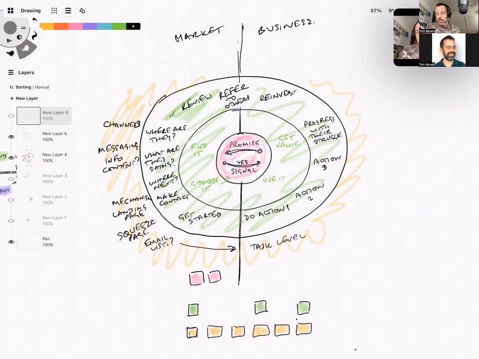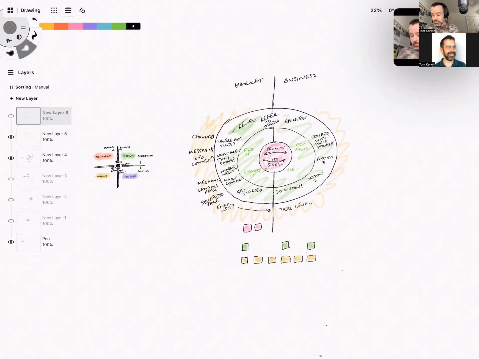Another key aspect that makes this incoherent is that at this point, you'll notice we haven't got to anything that looks like a screen design or a software architecture. At this point, we are mapping the business process that we're doing here.